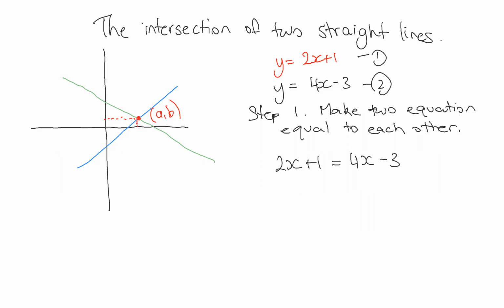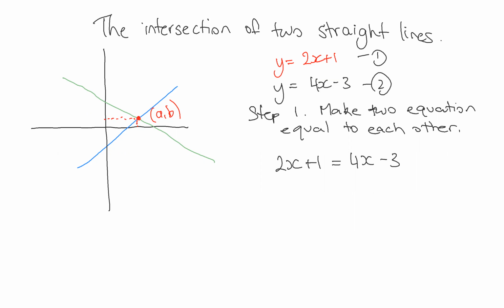We did do questions like this before, but now we're going to use this same skill in terms of finding the intersection point. When we find the x, we're finding the x-axis coordinate. So let's put the x's on one side and the numbers on one side.